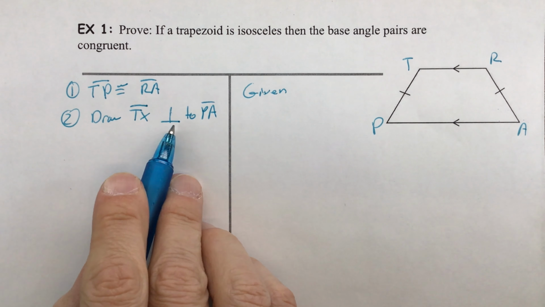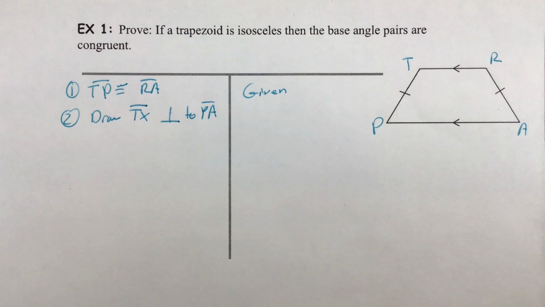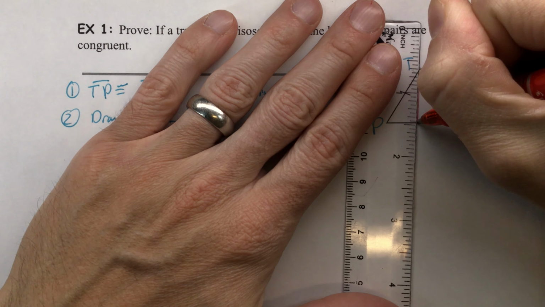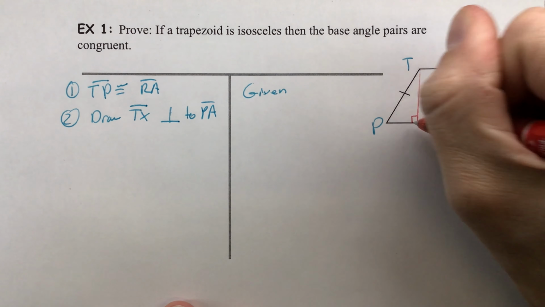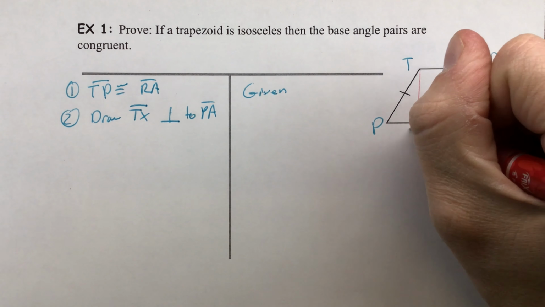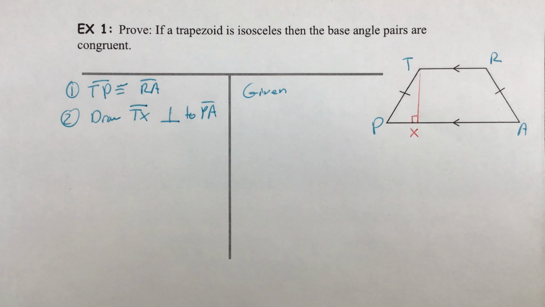So that means that right here, I'm going to create a right angle, which is really building a right triangle to look at.